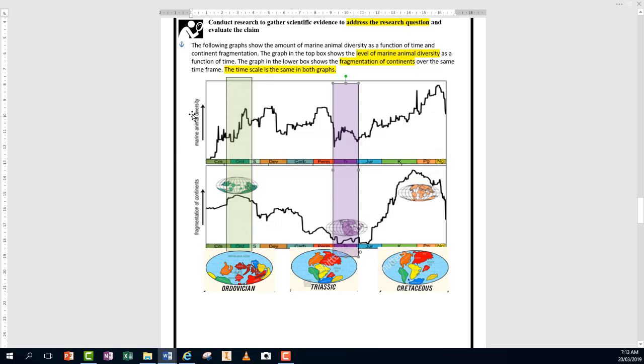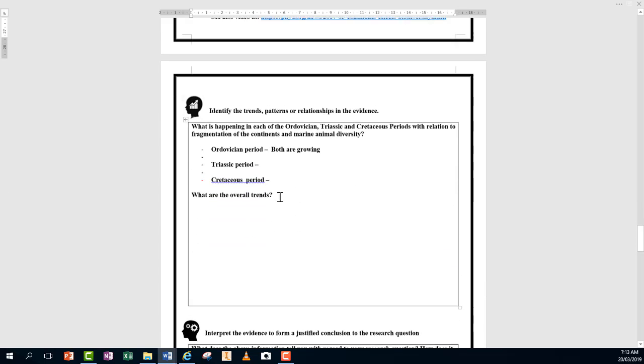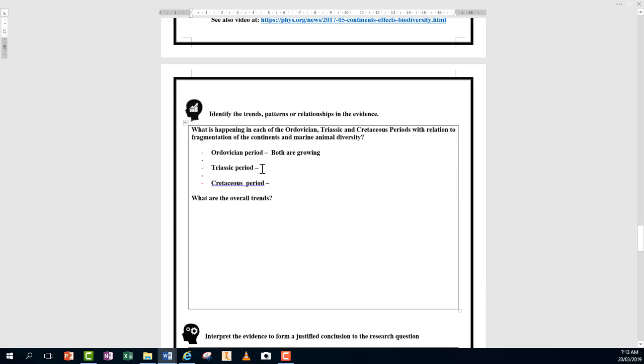This graph is of the marine animal diversity, and it is there, and this graph is of the fragmentation, and it is there. So what I'd like you to do is take notice of what they are, go back over here, stop the video and write down for yourself what is happening during the Triassic period.